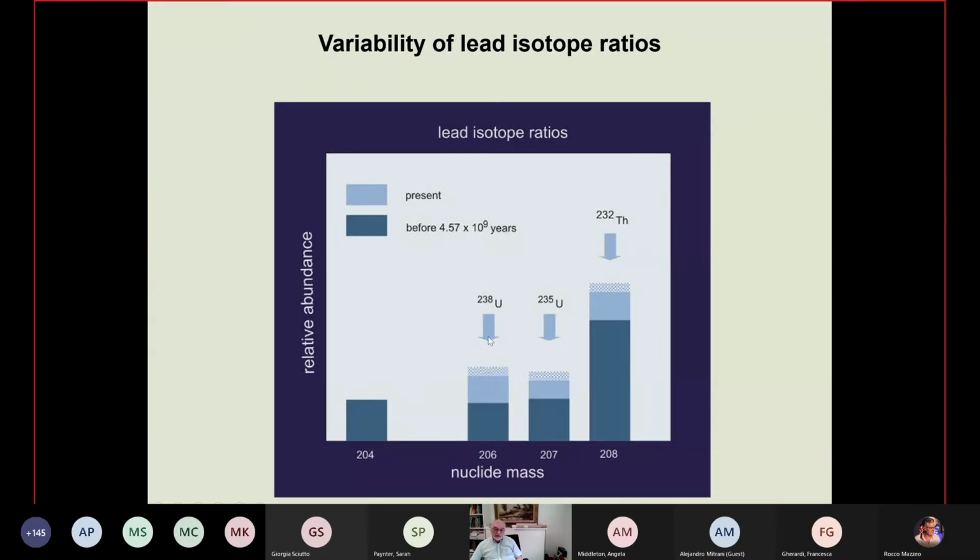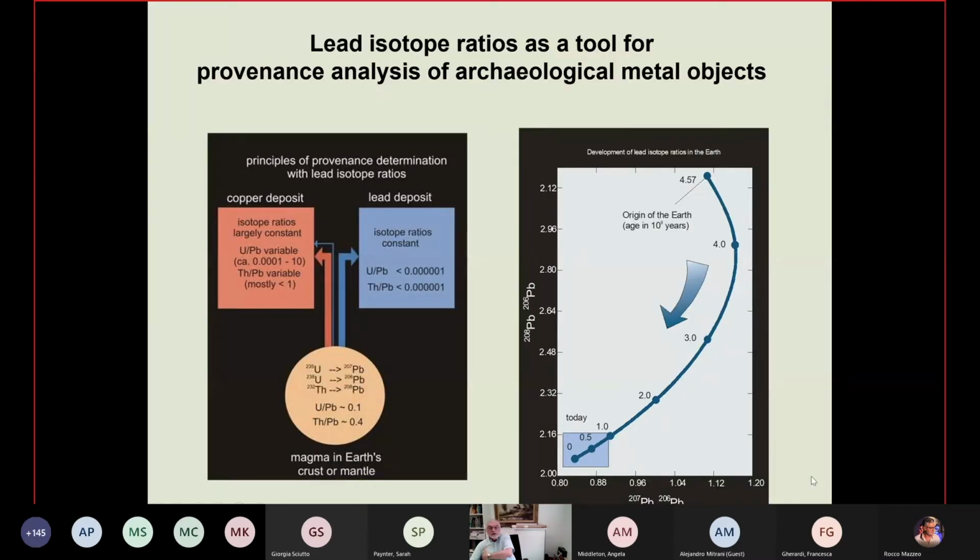So that over the 4.5 billion years that the Earth is old, the isotope composition of lead on the Earth as a system continuously changed. And this change can vary in different regions of the Earth, depending on the geological situation where a lead deposit or a copper deposit is formed.